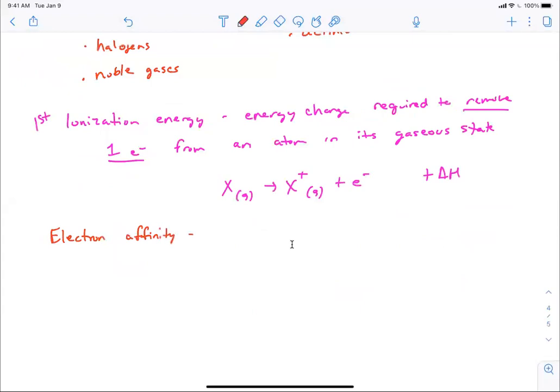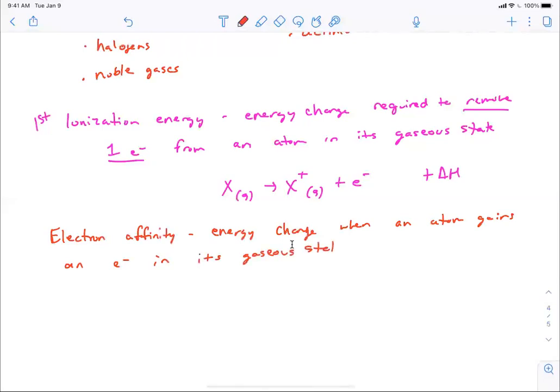Electron affinity is the energy change when an atom gains an electron in its gaseous state. So it's kind of the opposite of ionization energy, where you're gaining an electron to form an anion.